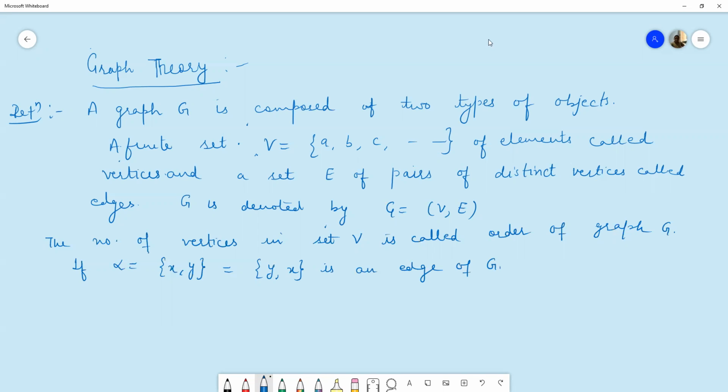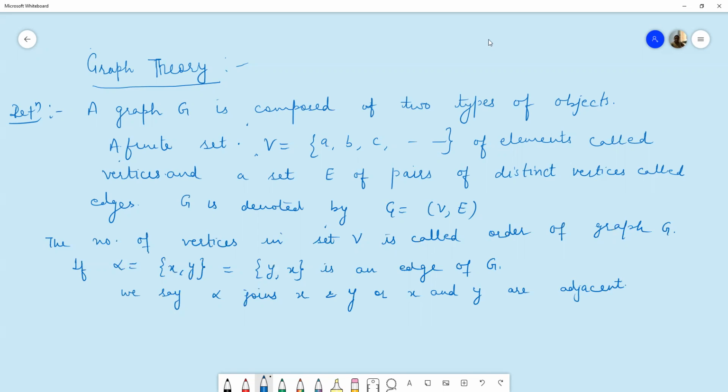So if we take alpha, an element of E, which is the pair xy, then we say alpha joins x and y, because here x and y are vertices and alpha is an edge. Or we say that x and y are adjacent, meaning there exists an edge between x and y.